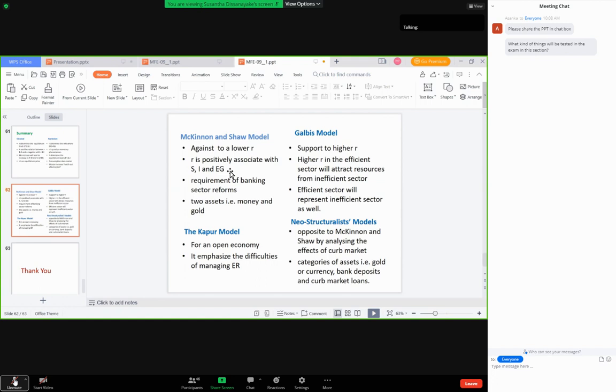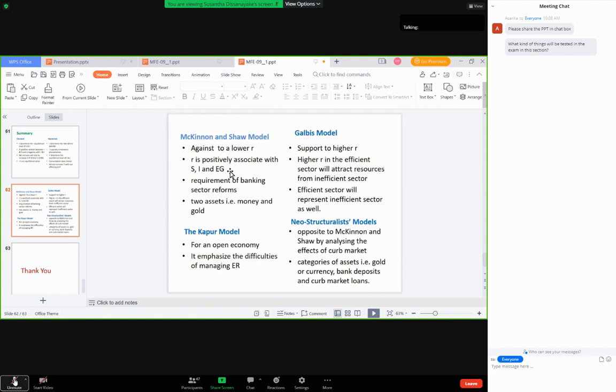Initially there was some sort of unmanageable situation. The reason is that to perform macroprudential policy, that means to manage the economy, there should be cooperation with the treasury as well.